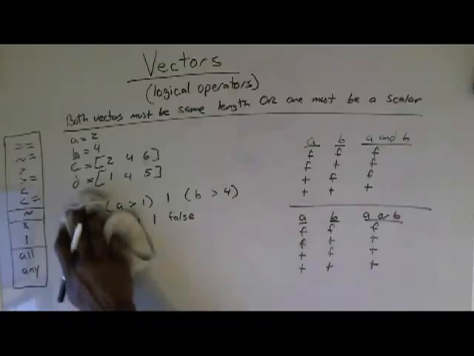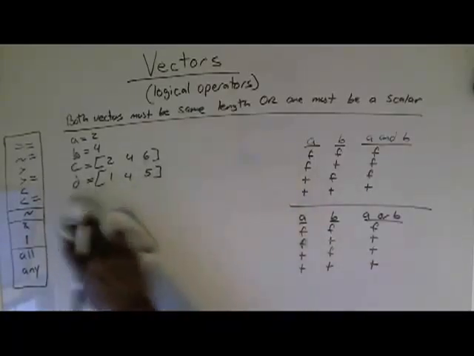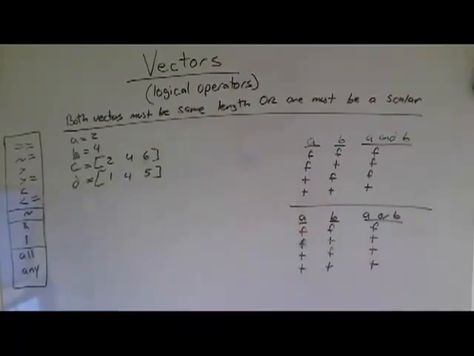Okay. Now if we go to all, what all does is it takes a vector and tells you if everything in there is true, then the result is true. If anything in there is false, then the result is false.